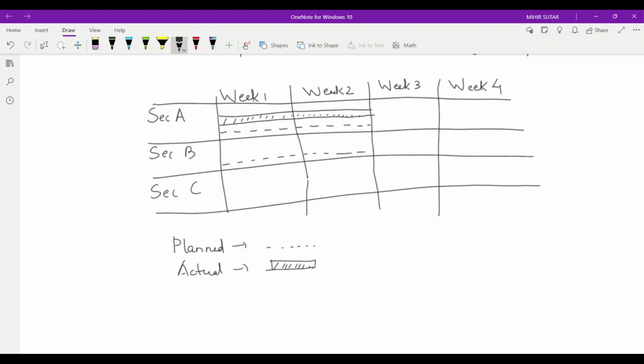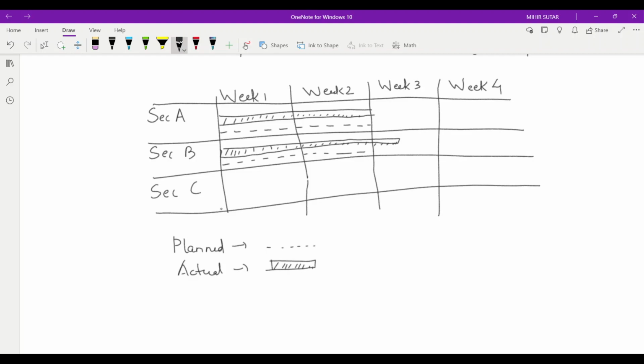Then we will see for section B, but it has increased. So there is a deviation. It will help you identify the reason behind it and how you can rectify it further. So this is your Gantt chart.